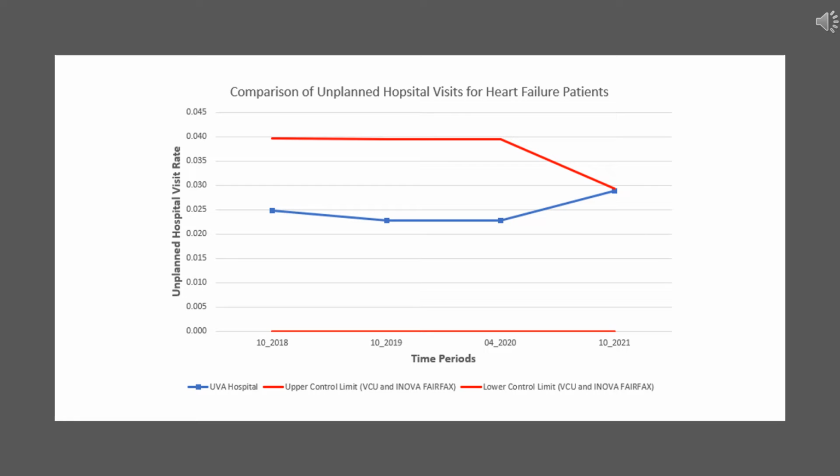It shows the comparison of unplanned hospital visits for heart failure patients between UVA Hospital and VCU and Inova Fairfax. It shows that the UVA hospital's rate was actually not unusual as it fell in between the limits of VCU and Inova Fairfax. There does seem to be a small blip in the year 2021, but this could be due to multiple reasons.